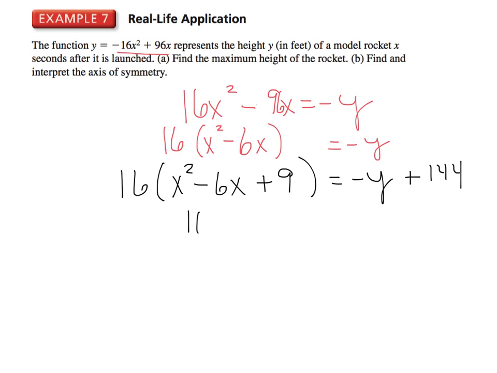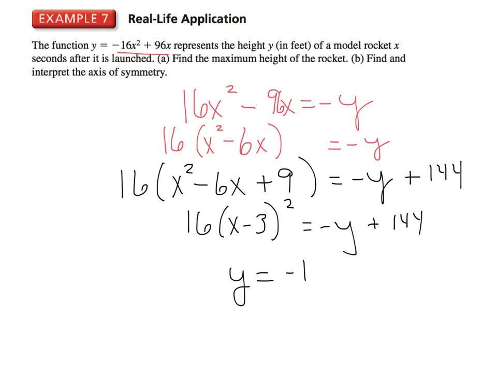I now factor: 16 times x minus 3 squared equals negative y plus 144. I do the switcheroo. I move the negative y to the left and get y. I move the 16 times x minus 3 squared to the right, and I get y equals negative 16 times x minus 3 squared plus 144. My vertex is (3, 144).